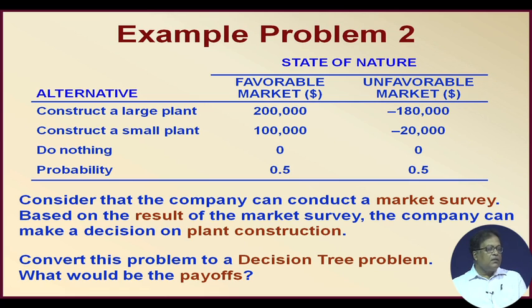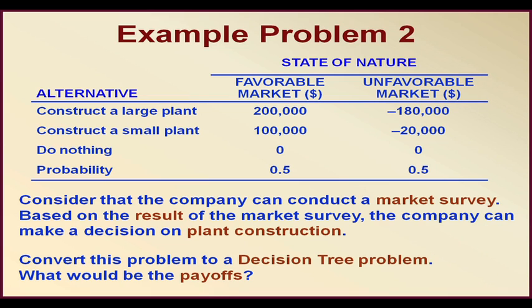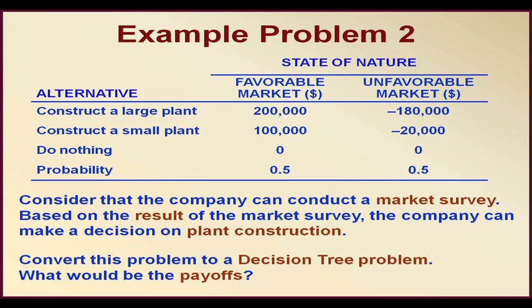Not only do we have to look at the payoffs under the a priori situation, that is the probabilities, which are 0.5 each, but we have to understand that when we conduct a market survey, the survey would give us some results, and based on those results the probabilities could be modified.